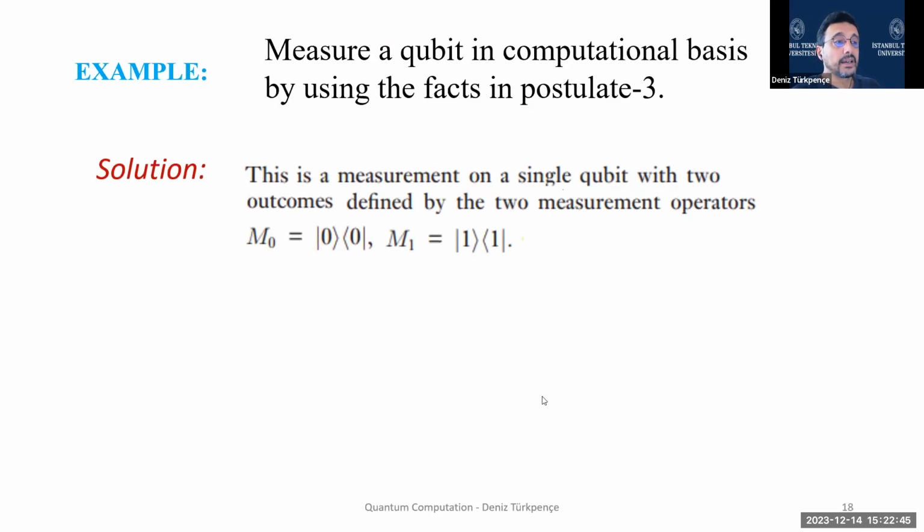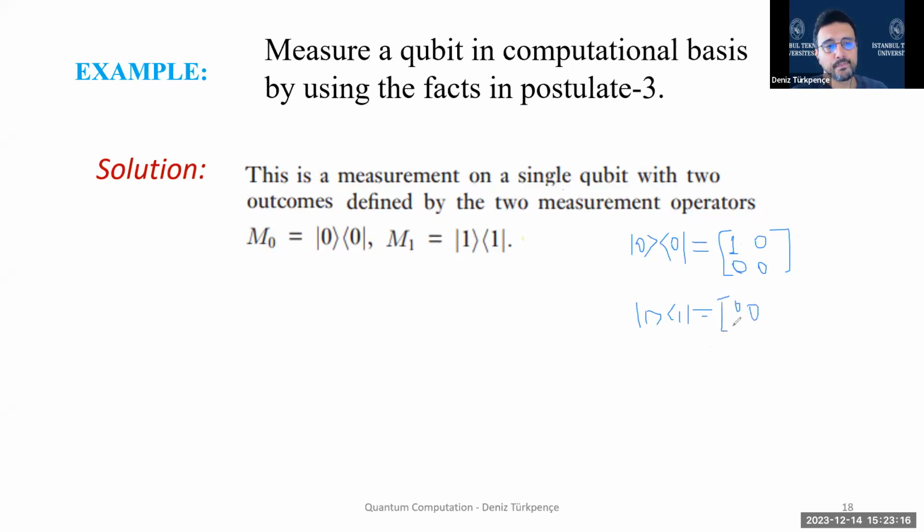So from the previous lecture, we already know that, because outer products are always operators, this is equal to this matrix representation, and this outer product is equal to this matrix representation.